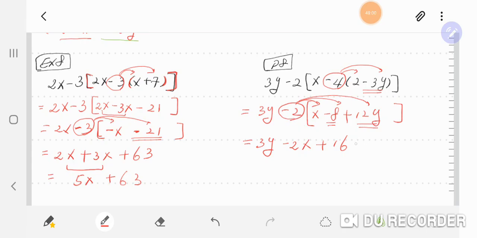Multiplied by negative 2 is negative 24y. And then combine the like terms. We have 2 like terms. So 3 minus 24 is negative 21y. And the other terms are just one single term, so leave it. Negative 21y minus 2x plus 16. All right, we are done.